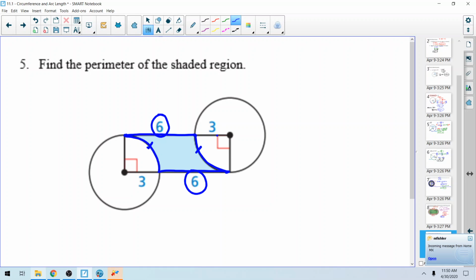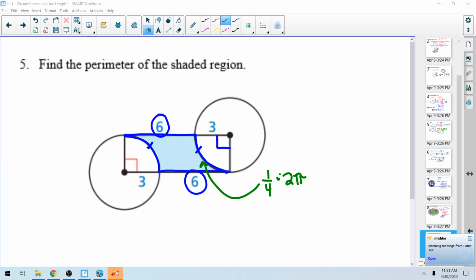If this is a 90-degree angle here, how much of the circle is that? It's a fourth. So to find that, I have a fourth of my circumference, and my circumference is 2 pi r.